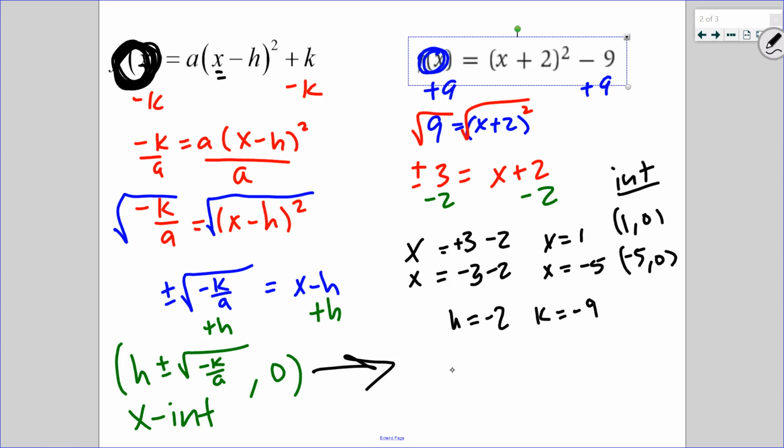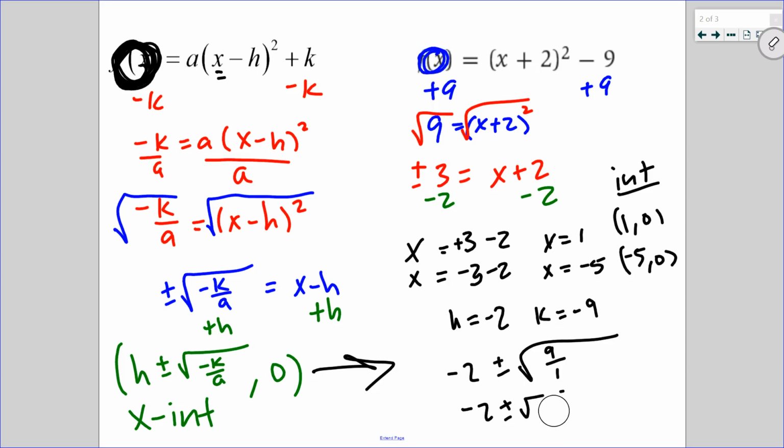So if I plug that in, I'd take negative 2 plus or minus the square root of the negative k, so it would be 9 over a, which in this case is 1. So I'd get negative 2 plus or minus the square root of, sorry, just the square root of 9, which is 3. And that's the same thing that I had up above. So that's a nice little formula for that.